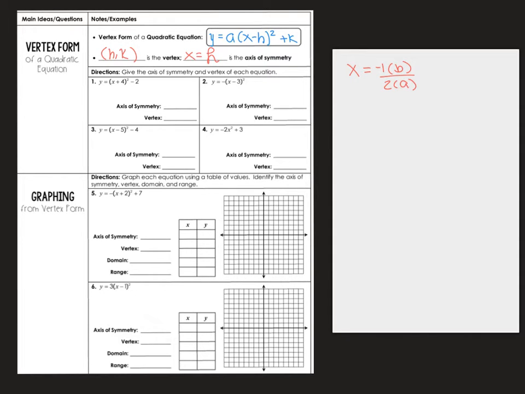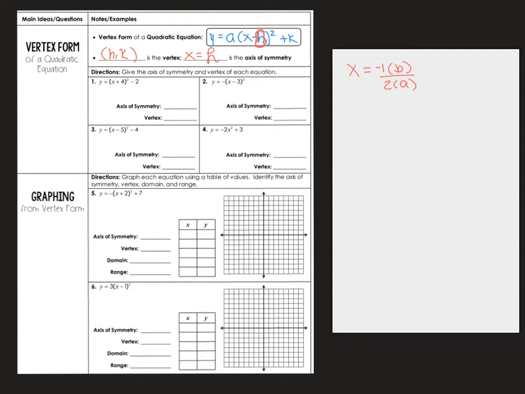So it's just an alternative way to get there. When I go back to the blue here, your h value does have that minus sign sitting in front of it, which really just means that for all of these, when you pull out your axis of symmetry, you're going to do the opposite of that value.